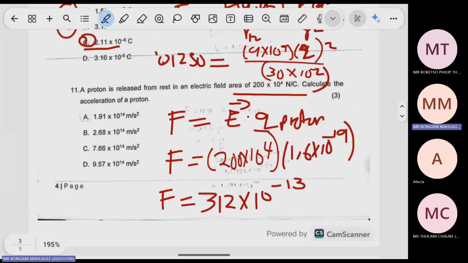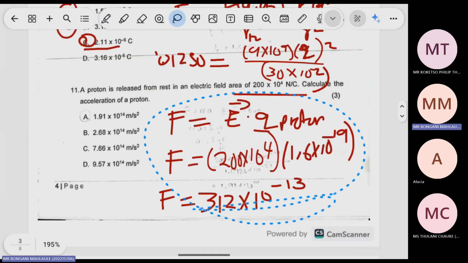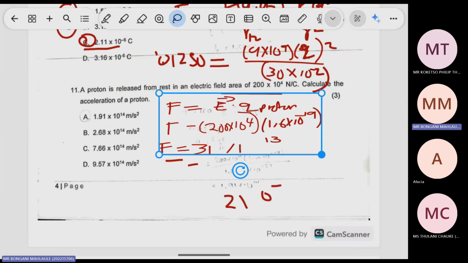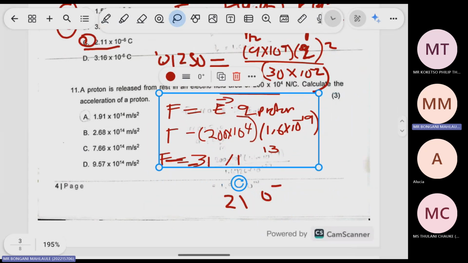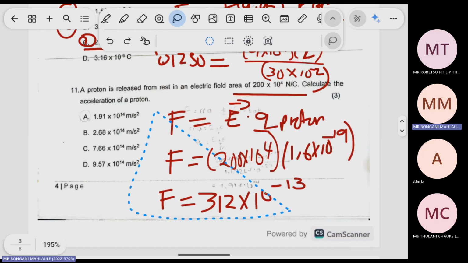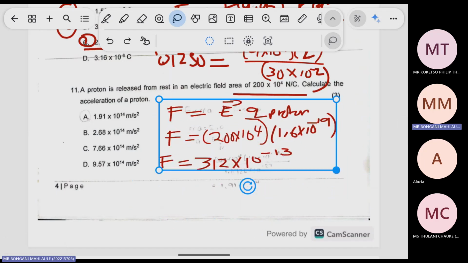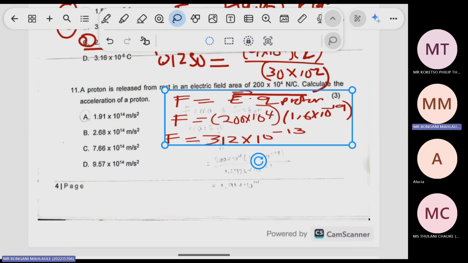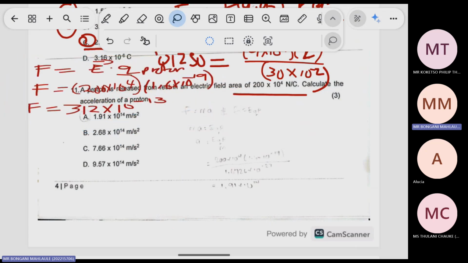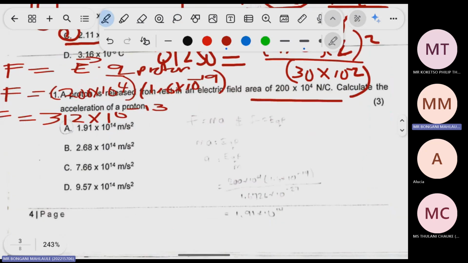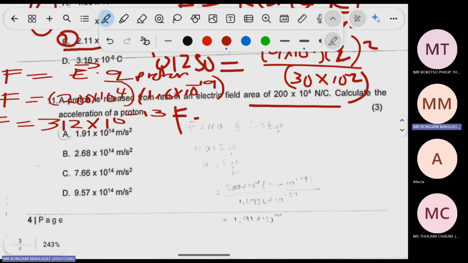Then from here, after knowing your force, you're going to use the formula F equal to ma. Then you substitute. For the mass, although it's not given, we'll use the mass of a proton. We can say F equal to ma. Then the force is 3.2.